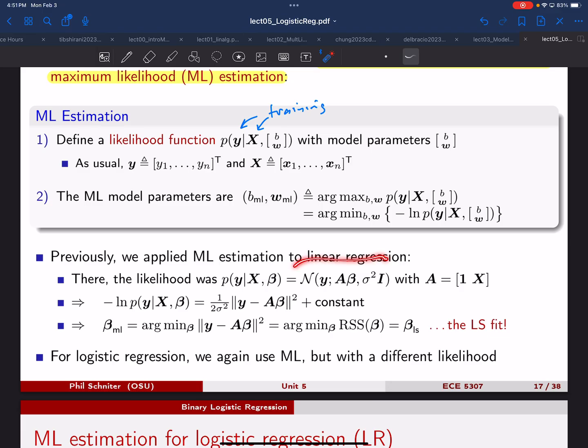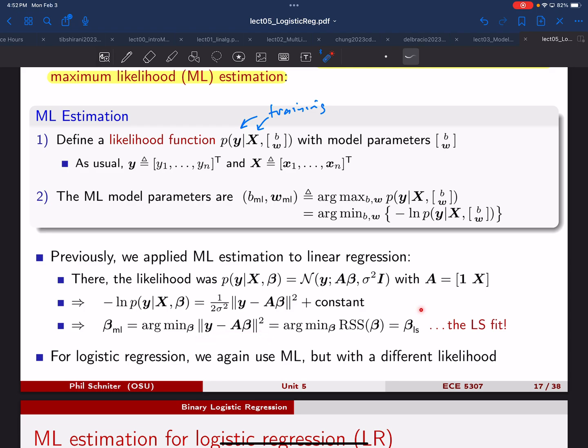And so if this is what we have for our likelihood, then we derived in the last unit the negative log likelihood was quadratic plus a constant term that did not contain beta. And so that means if we want to minimize this negative log likelihood over beta, we can focus on minimizing this quadratic, and that is exactly RSS.